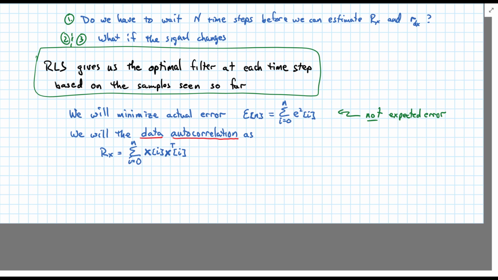So, first note that if we were actually trying to estimate the autocorrelation, we would have a 1 over n out front. And in this case, we don't. So that's one of the first big differences that we should note.